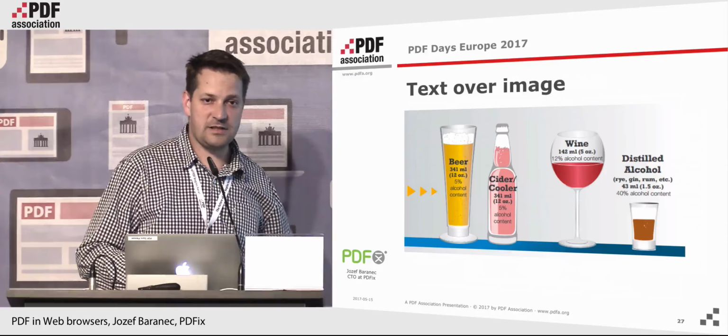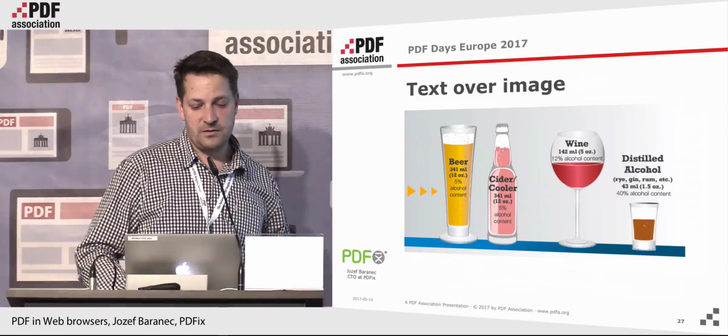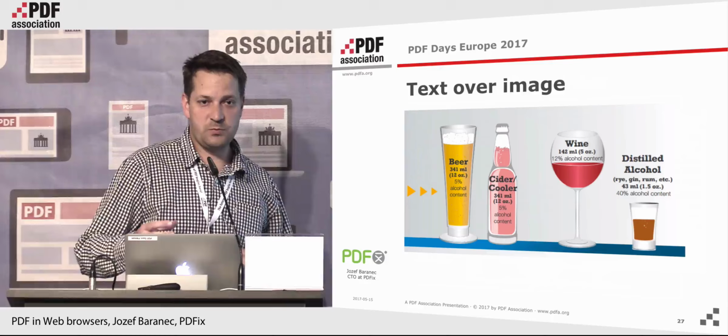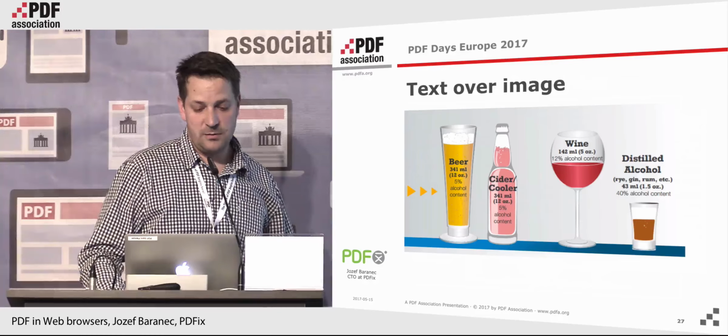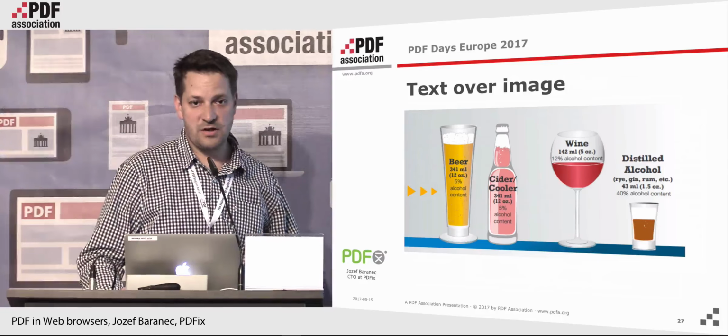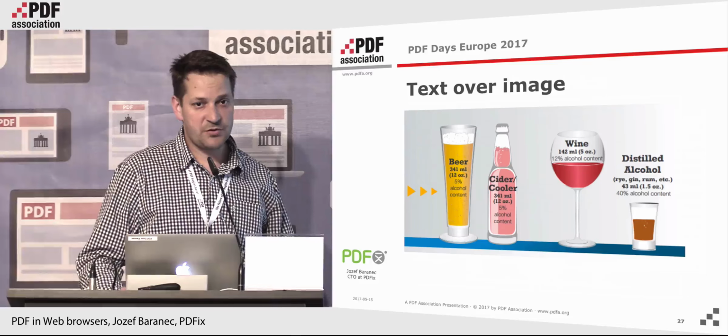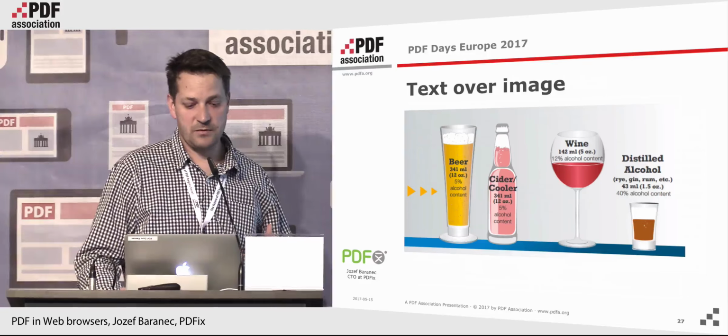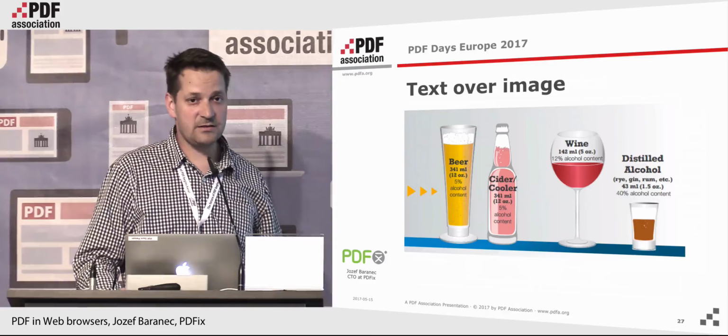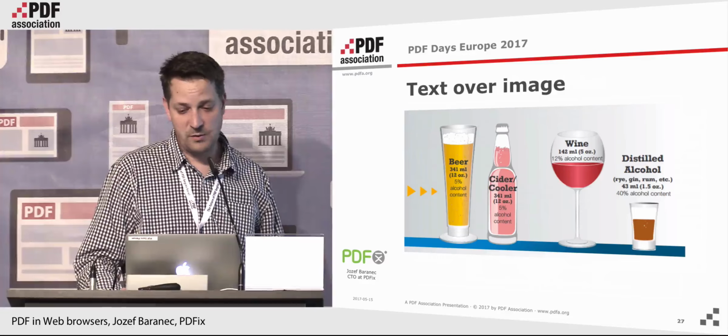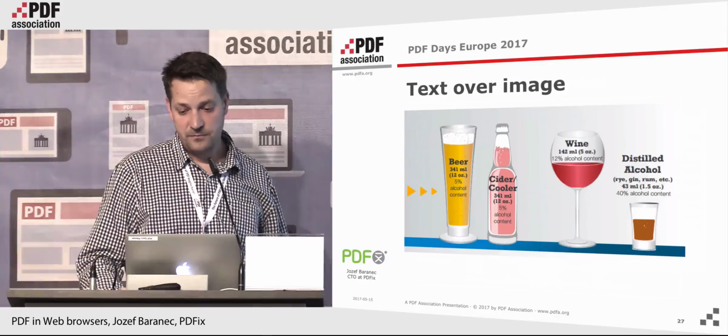So it's hard to determine the relationship between the text and the image. But if we do have this information, the author can be sure that the content will be provided in another representation as it should be.